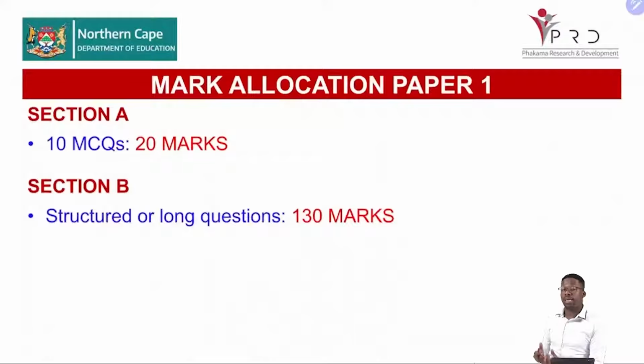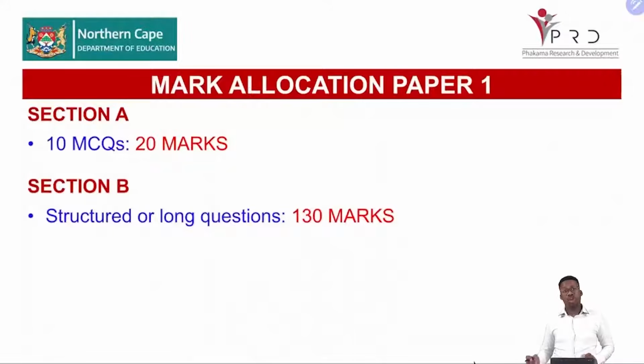So this is what you can expect for your preliminary exam. Question 1, 10 multiple choice questions. How many are they? 10. How many marks? 20. Meaning that each multiple choice question caters 2 marks.